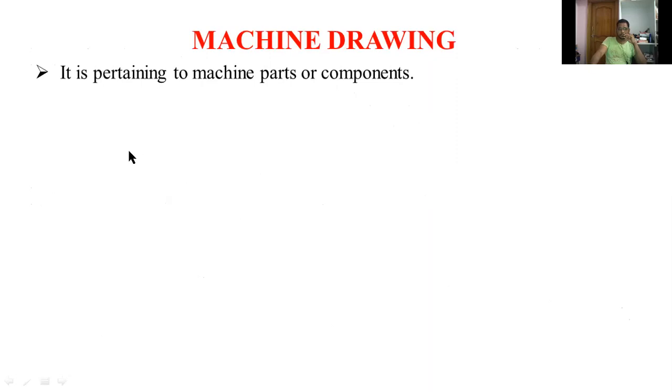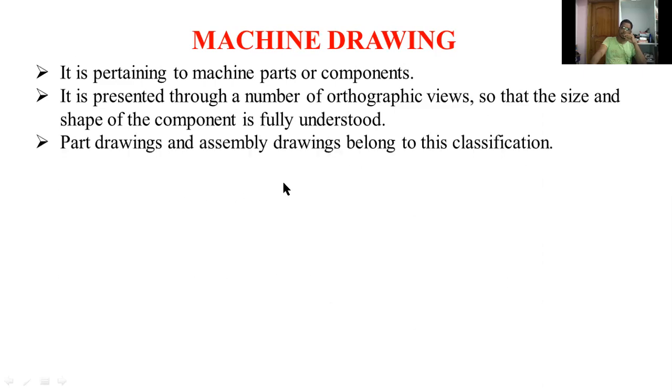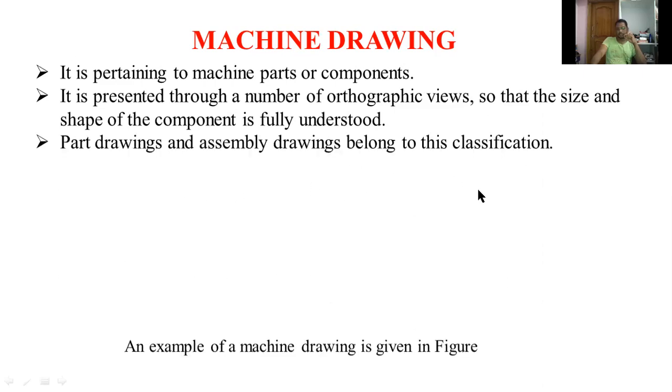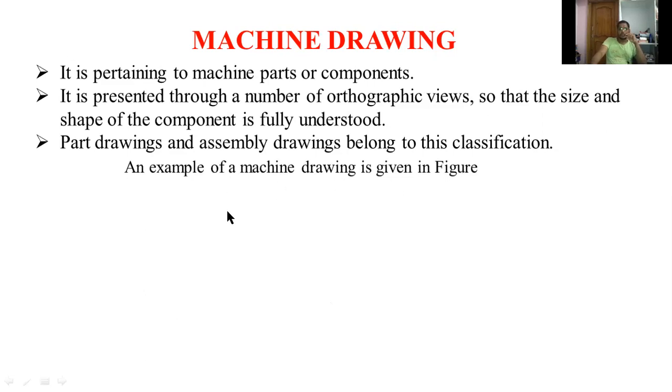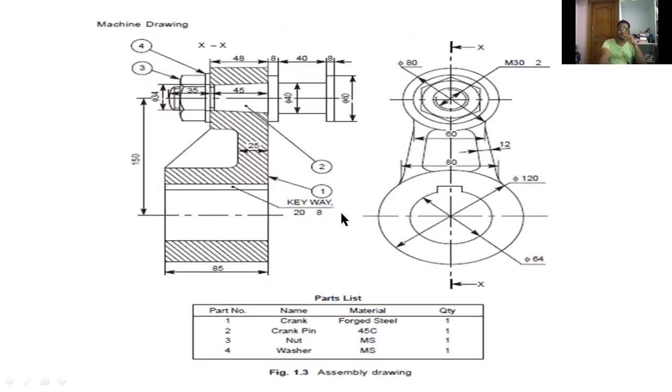Now I will explain some topics about machine drawing. It is pertaining to machine parts or machine components. It is presented through a number of orthographic views so that the size and shape of the component is fully understood. Part drawings and assembly drawings belong to this classification. An example of a machine drawing is given in the figure.